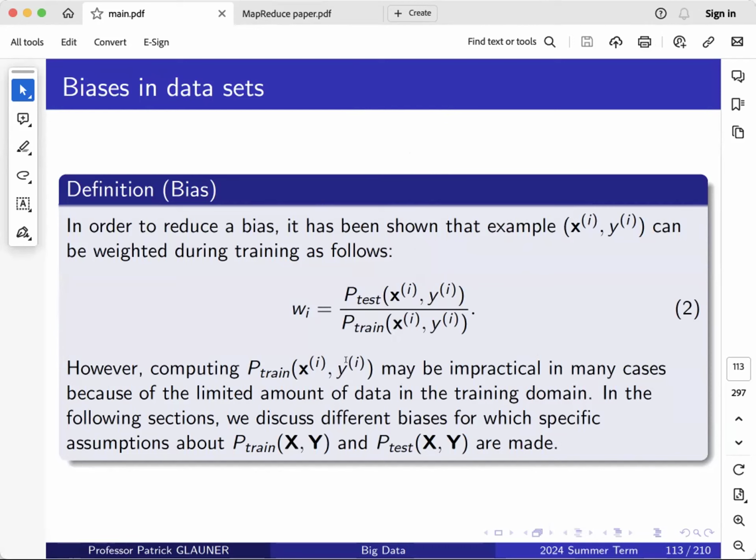Now, it looks easy. We just infer these distributions, calculate these probabilities and then the weights. However, it turns out it's not that easy in practice, because calculating these probabilities reliably means you need to reliably estimate the distributions where they come from. And that's not that easy, in fact, because these distributions may be high dimensional, because X is a vector.